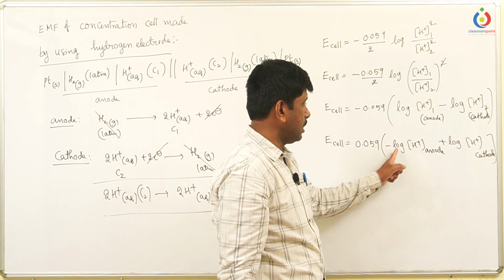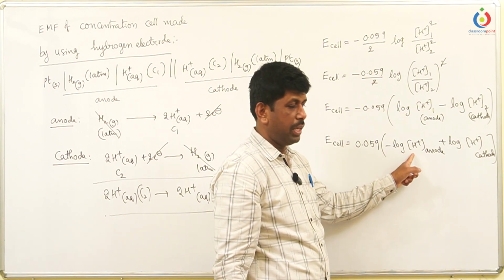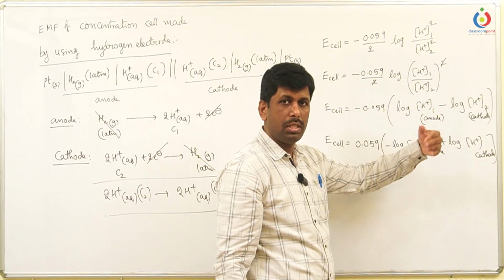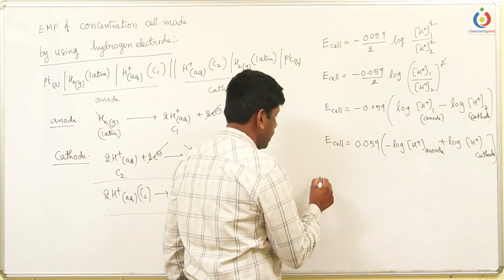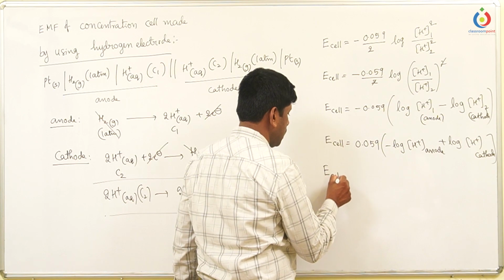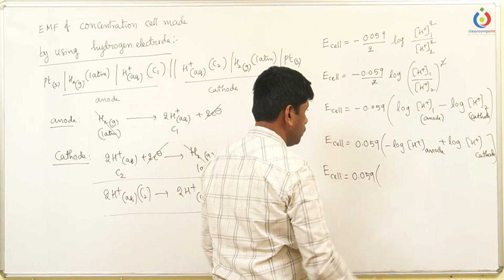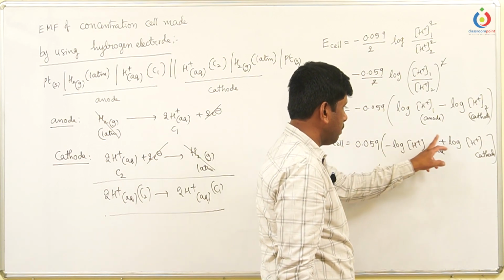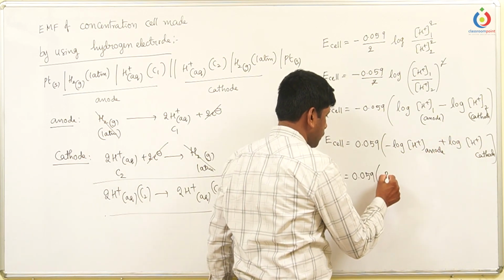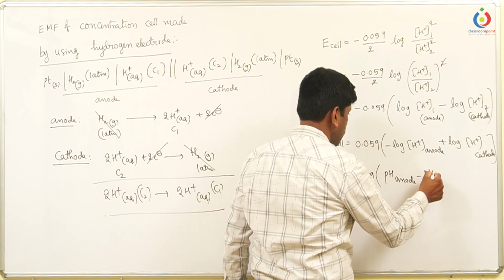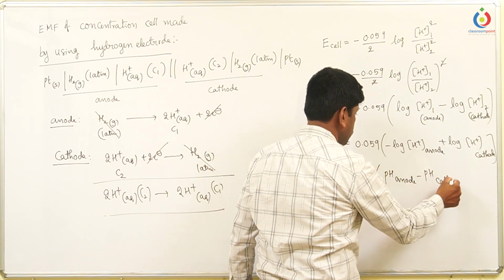Minus log concentration of H plus ion is called the pH. Plus log concentration of H plus ion means minus pH. So I can write this equation as E cell equals 0.059 into pH of anode minus pH of cathode.